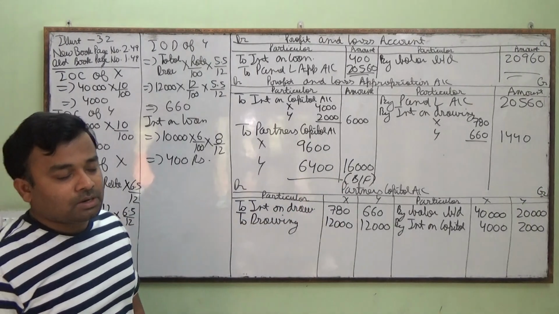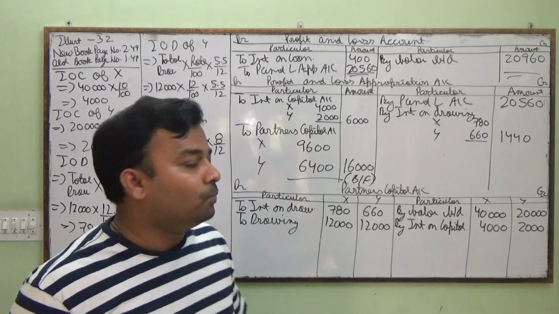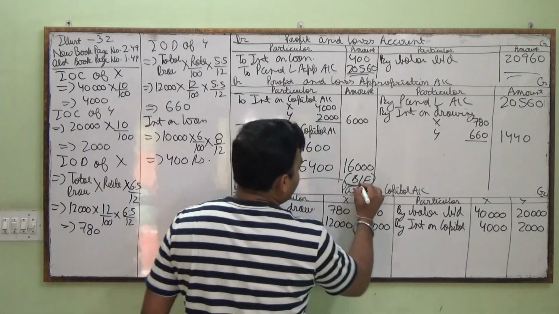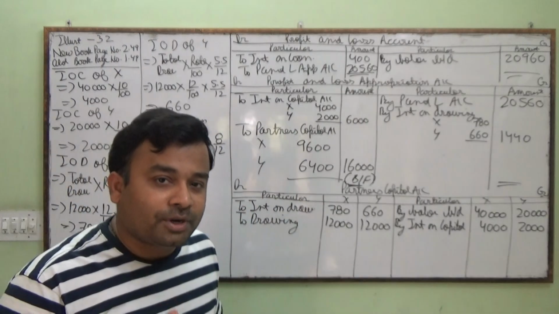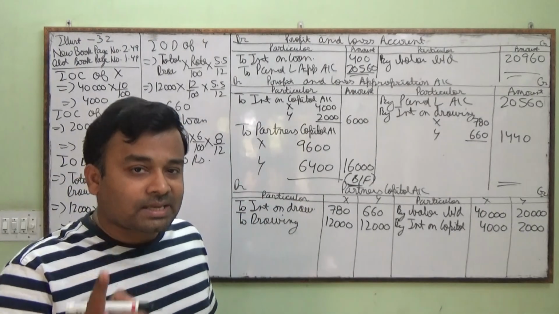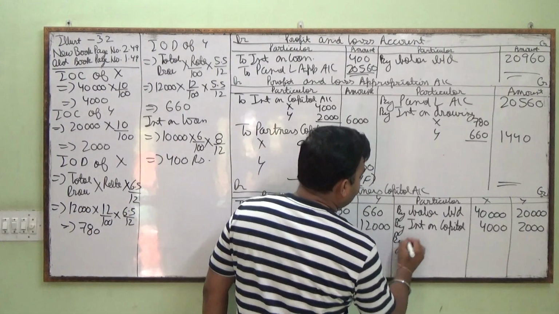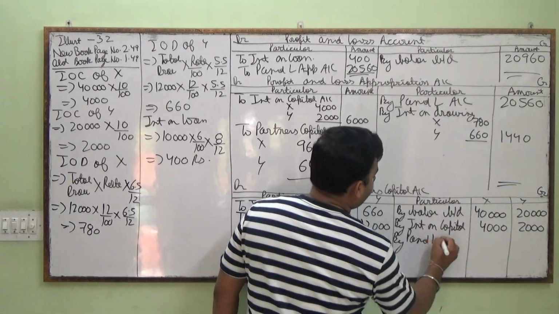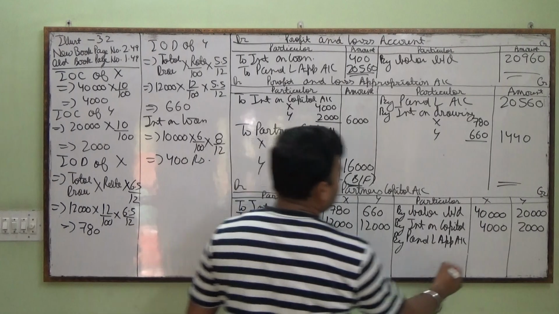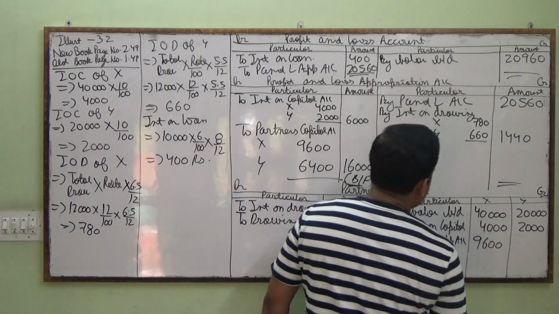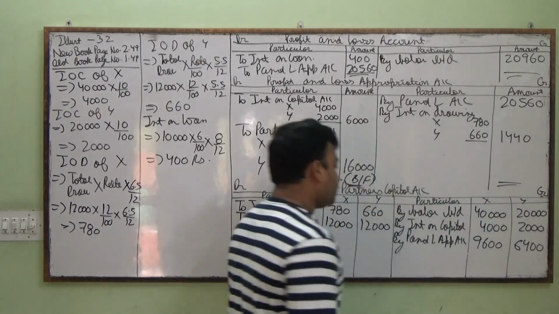The entry for transferring profit to capital account is profit and loss appropriation account debit to X capital account, Y capital account. So the partners' capital accounts are credited by profit and loss appropriation account: X capital 9,600 and Y capital 6,400.